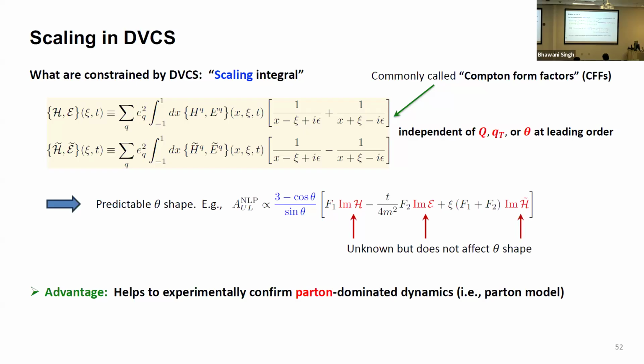The reason they are called Compton form factors is exactly from the name, deeply virtual Compton scattering. And the key feature I want to point out is that these convolutions have no dependence on the external scales, either the Q scale, the QT scale, or the polar angle theta that we have seen before.